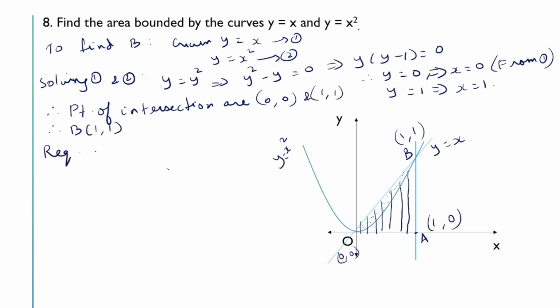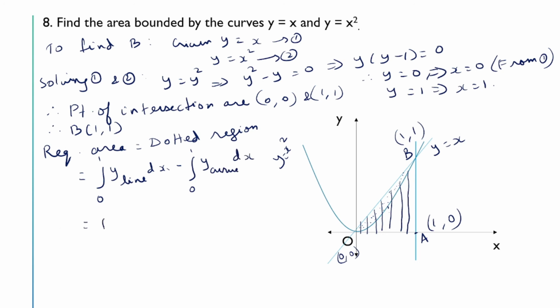Now required area equal to dotted region. Now the area of the dotted region can be calculated as area of this triangle minus area of this part, or it is equal to integral 0 to 1 y line dx minus integral 0 to 1 y curve dx.